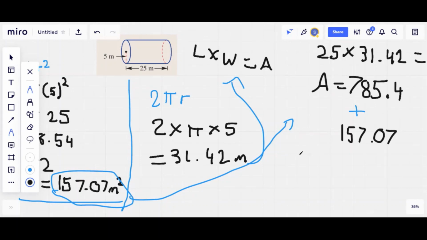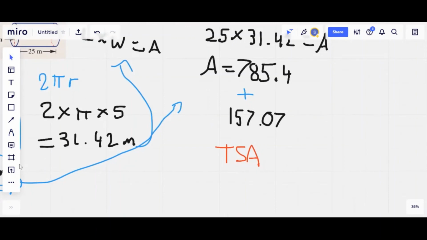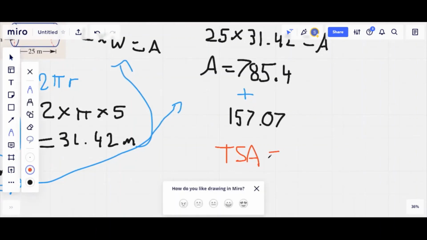Adding those together, the total surface area of this cylinder at the top here is equal to 942.47.